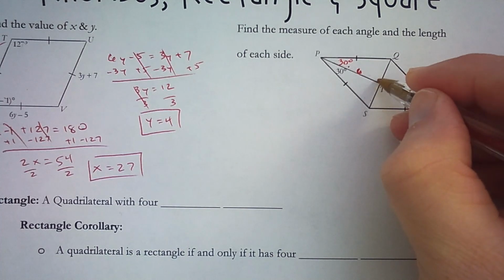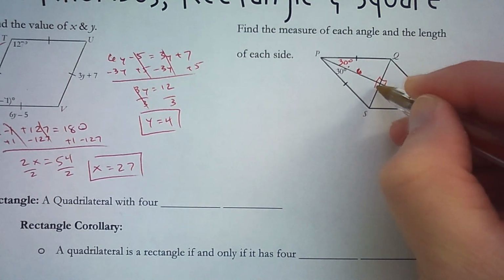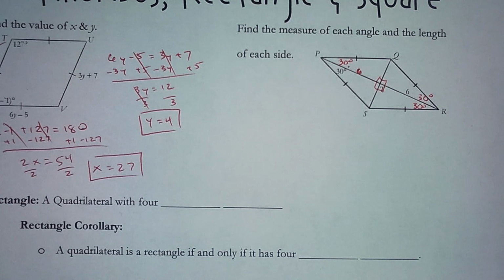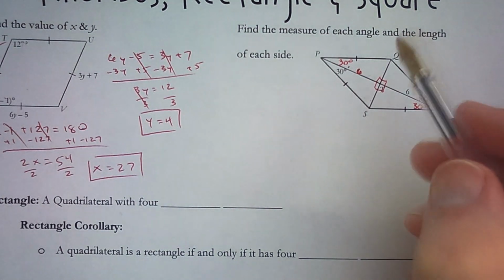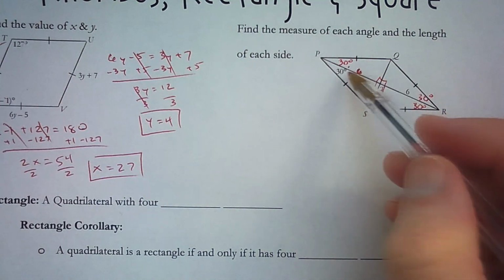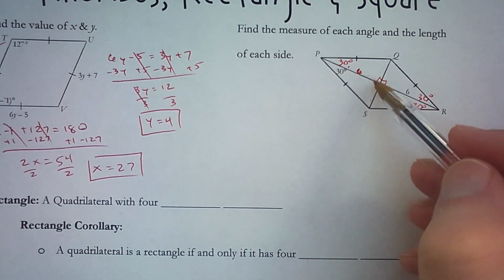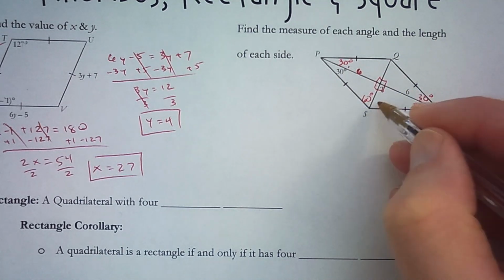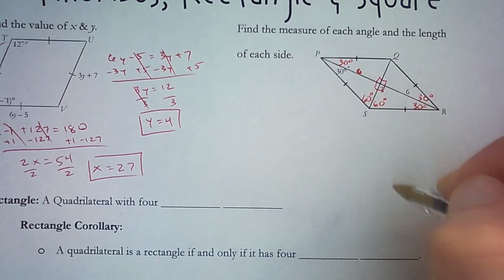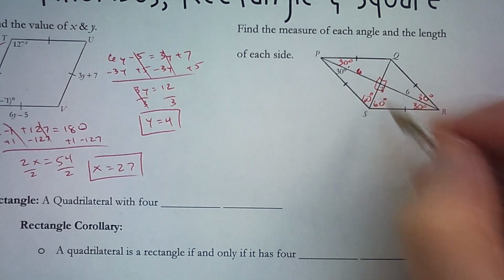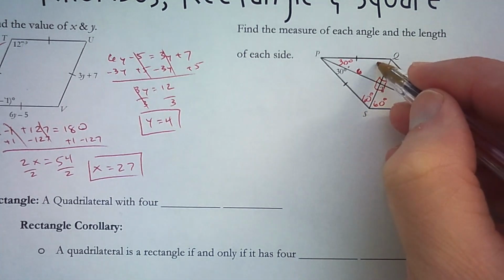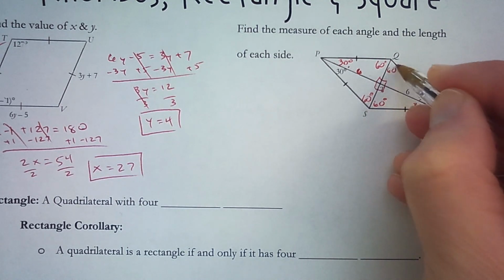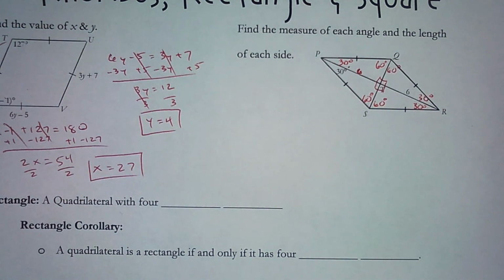I know that diagonals are perpendicular, so I know there's right angles in the center. I know that in this triangle, if I have 30 and 90, that's 120. A triangle is 180, so there's 60 left. So there's 60 here and here because these diagonals bisect the angles. And opposite angles are congruent, so there's a 60 here and a 60 here. So I now have every angle measure.